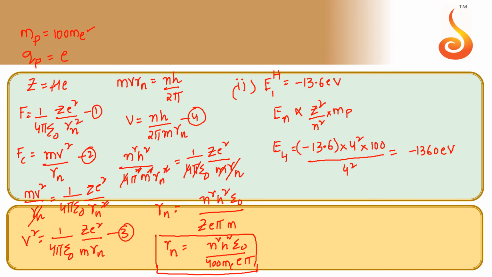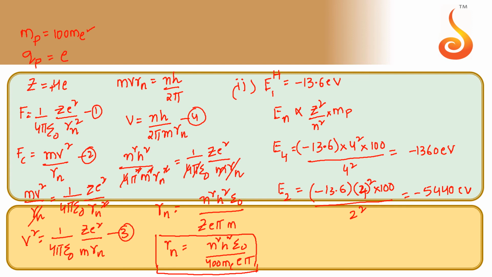What about the energy in the orbit 2? Minus 13.6 into 4 square into 100 by 2 square, we will get minus 5440 electron volt.